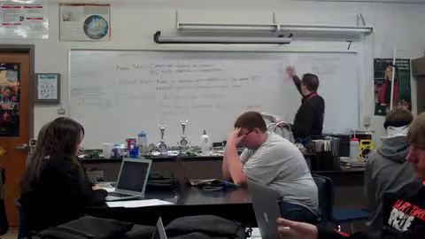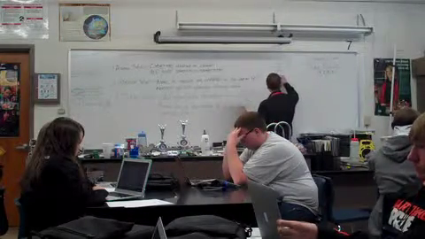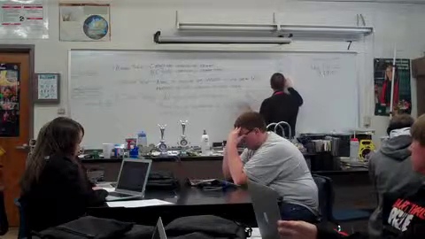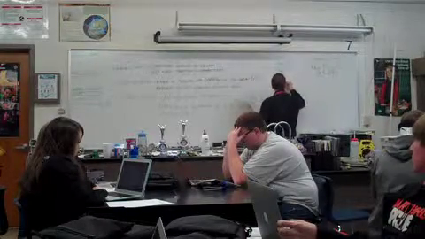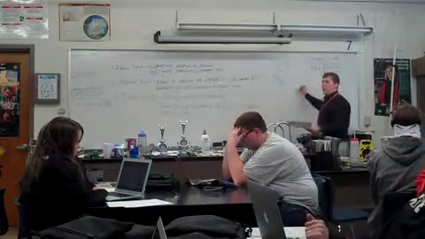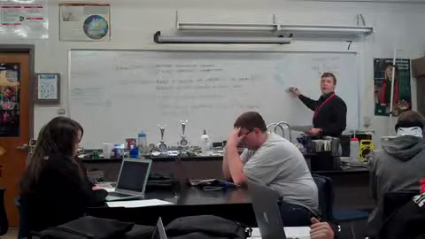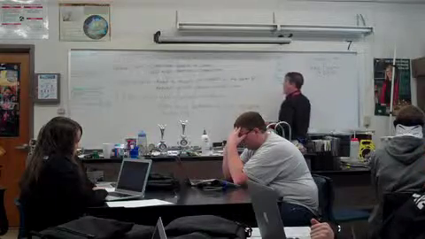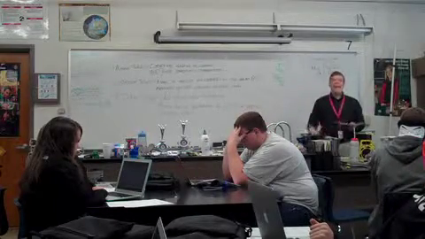So overall then, if I've got a positive, a negative, and a positive, what's the overall charge of the compound? 0. So 2 positive 1s plus a negative 2, the overall charge is 0. And that's what we want.